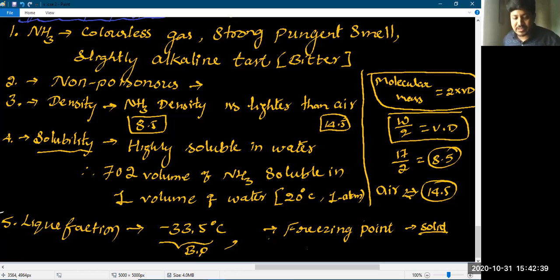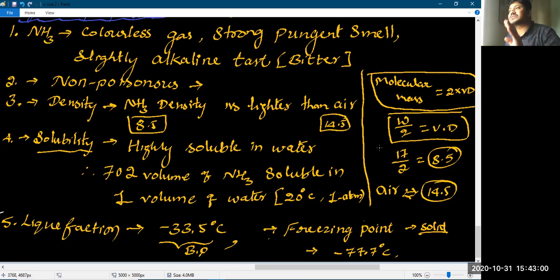At what temperature? At around minus 77.7 degrees Celsius. You should remember. So this freezing point itself acts as the melting point, and the boiling point itself acts as the liquefaction point. These are the properties of ammonia. You have to remember. Very simple.